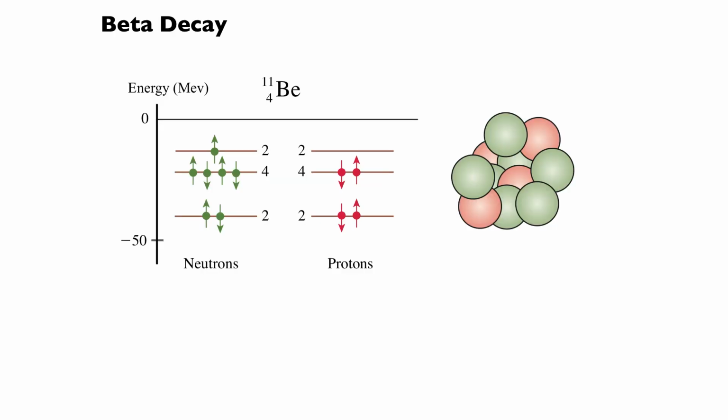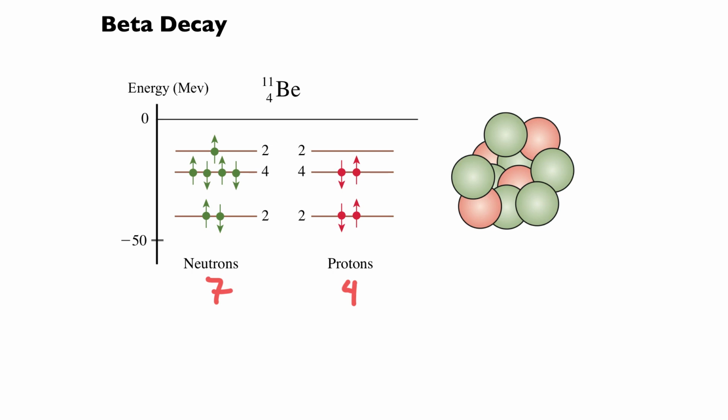Now we've seen in the electron energy levels for atoms that you can have transitions from higher energy states to lower energy states. And something similar will happen in nuclei, but you have an interesting possibility. Check out this situation. If I'm looking at beryllium-11, beryllium-11 has 7 neutrons, and it's got 4 protons. And they're filled in to the states like so.